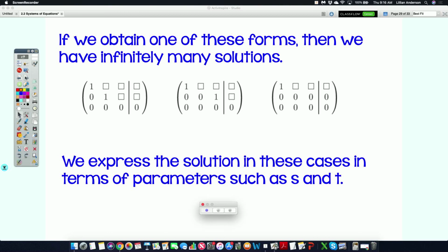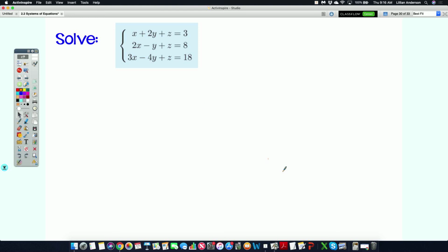All right, so let's look at an example. I'm going to build examples from here on out. We're going to solve this 3x3 system.